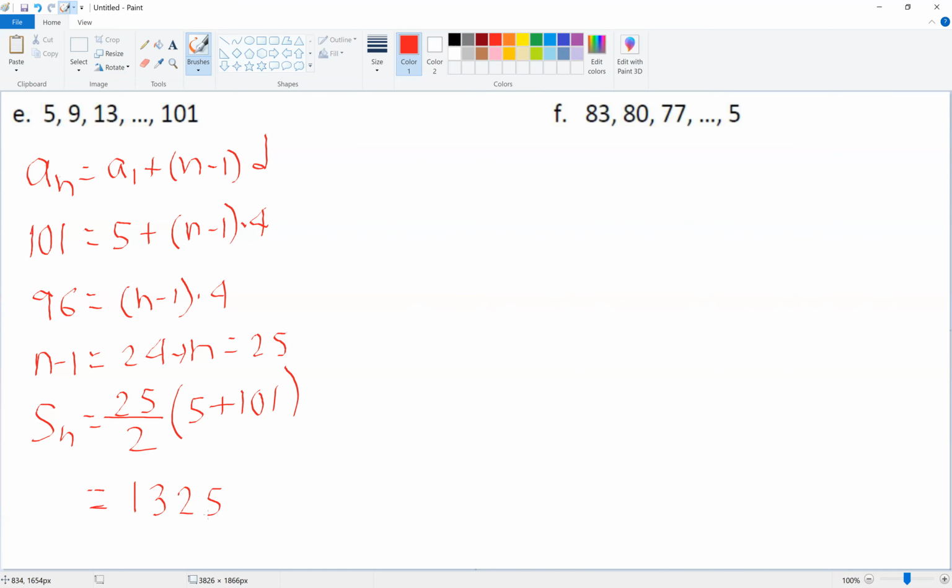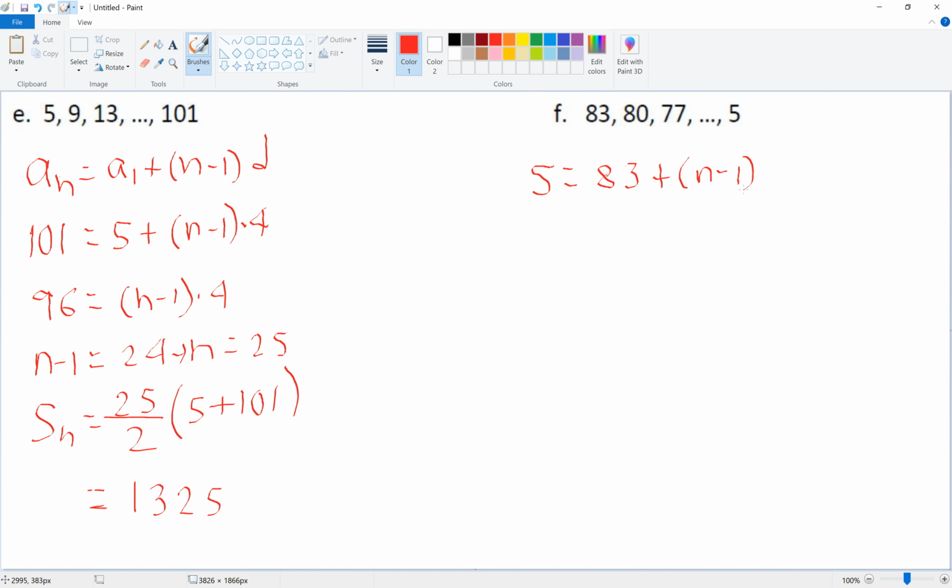For F, what I did was, first I tried to find out what the term was. So I did 5 equals 83, because I substituted un for 5 since we don't really know what the n is.